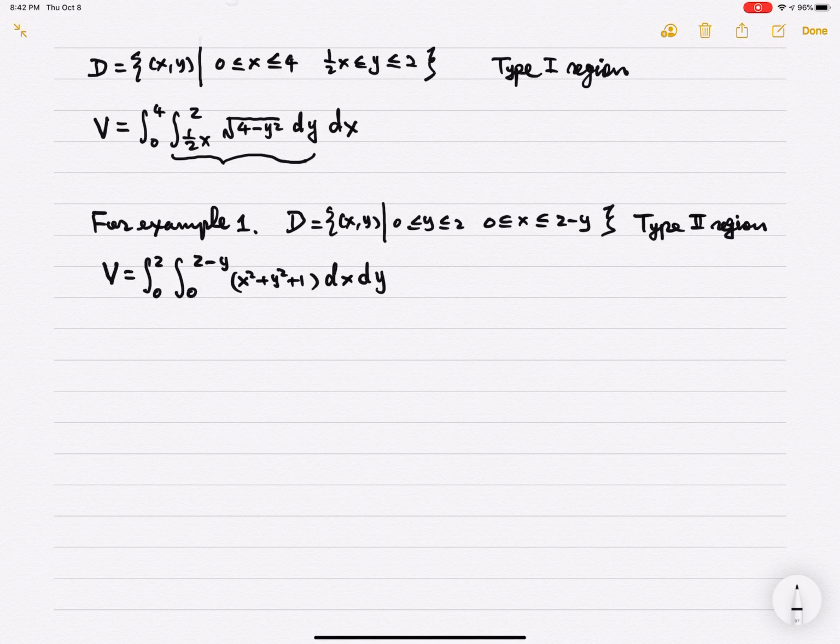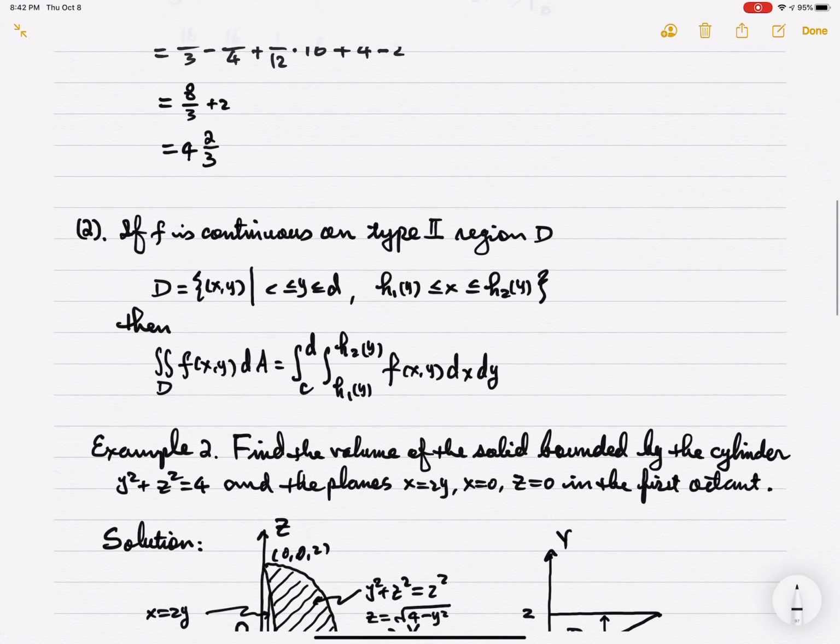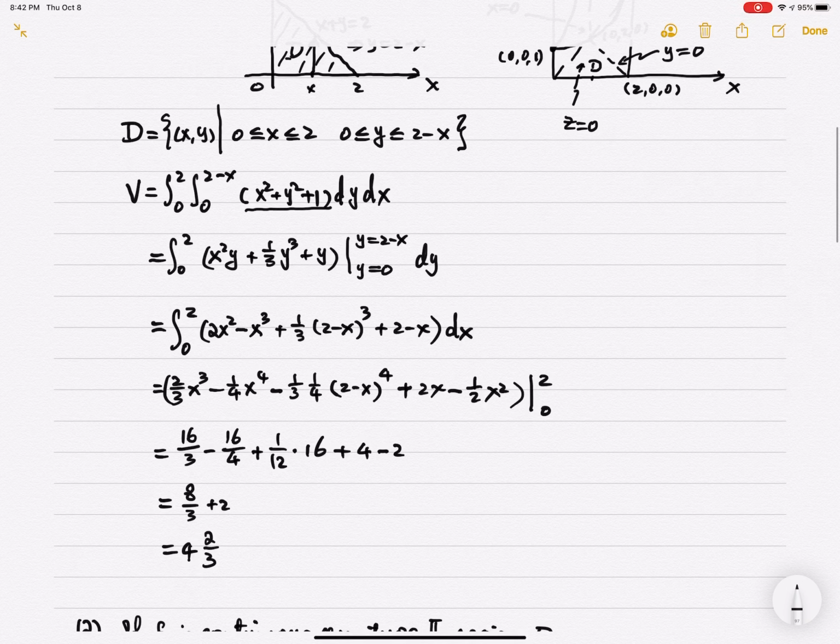Now look at the integrand function, x squared plus y squared plus 1. It's symmetric in x and y.